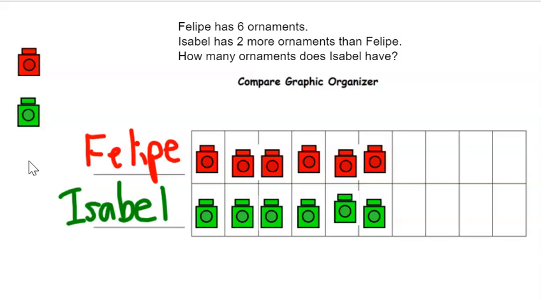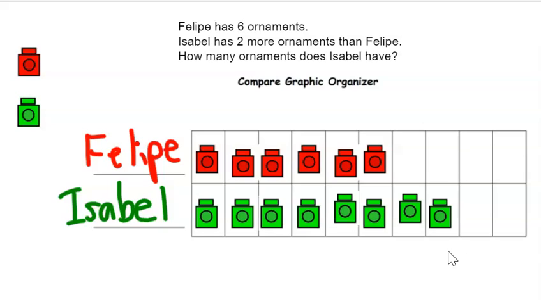So how many more do we need to give to Isabel? That's right, 2 more. Because it told us that Isabel had 2 more than Felipe. So at 6, we had the same amount. And if we added 2 more, we know that she has 2 more than Felipe.